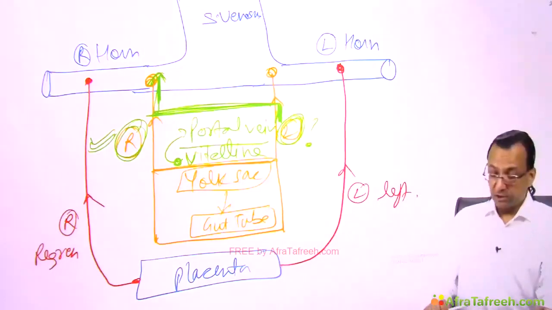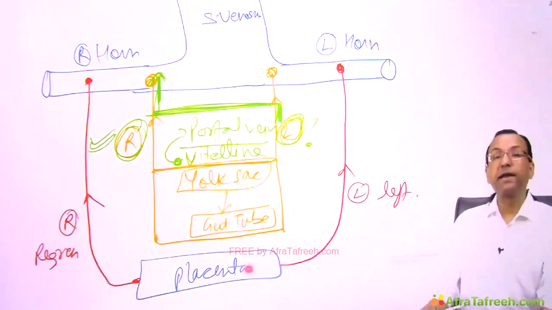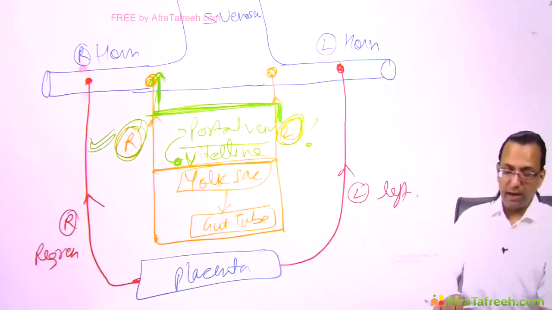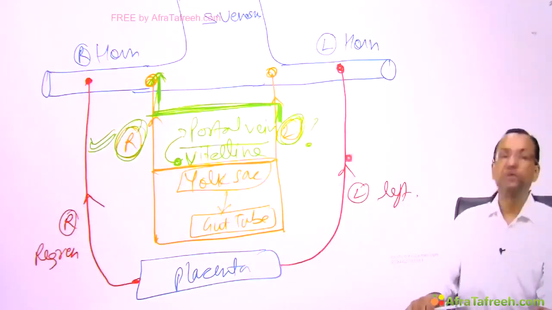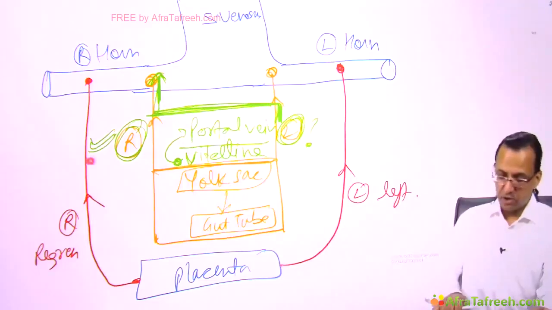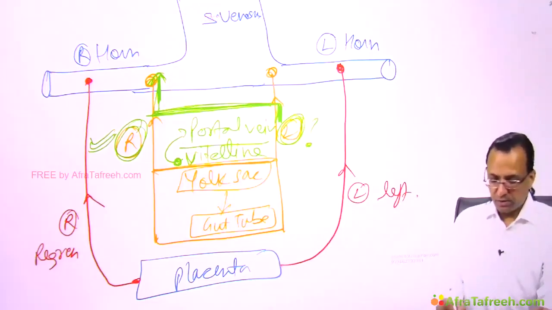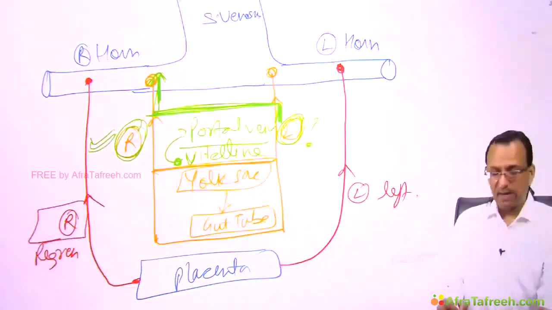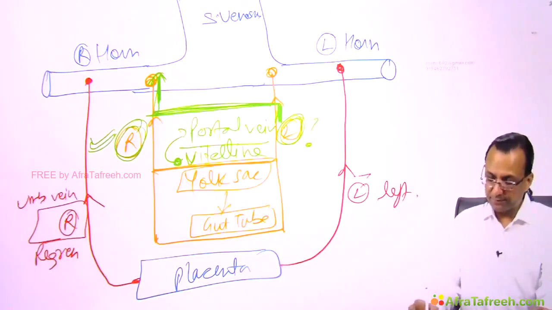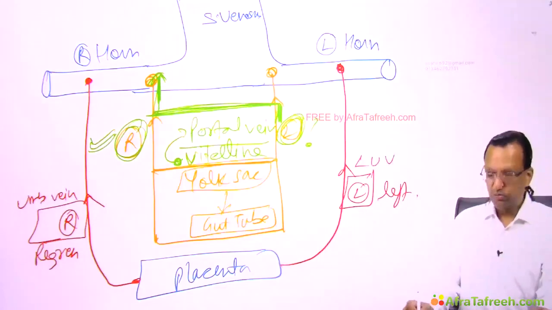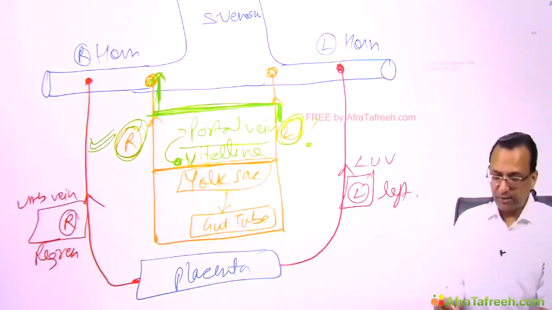See, there was this placenta draining into the right horn and the left horn of the sinus venosus, and you had this right sided umbilical vein and you were having the left sided umbilical vein. So what is happening then? See, in fetal circulation right regresses and left is left.